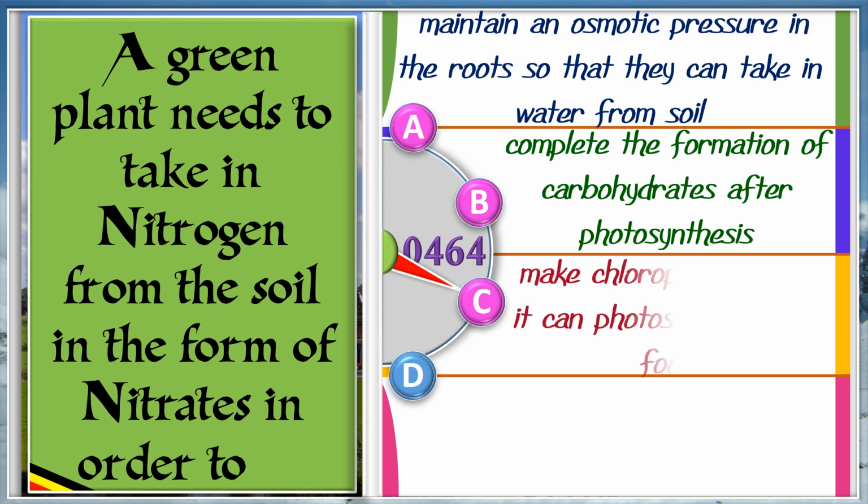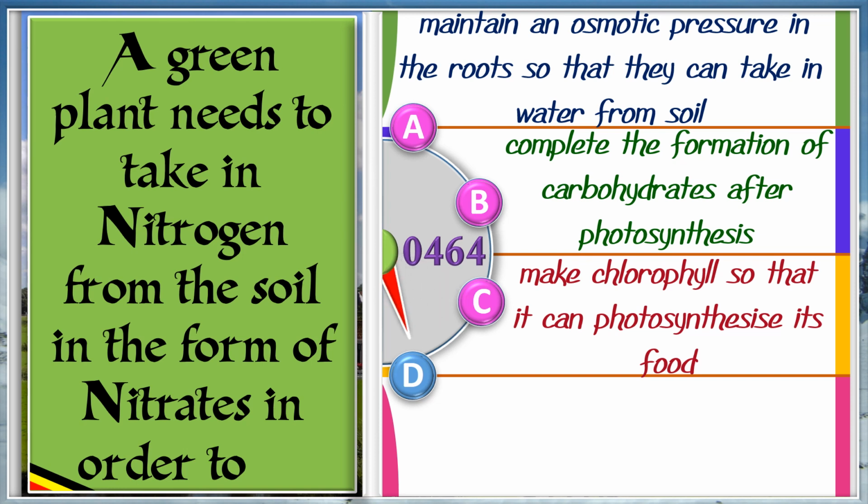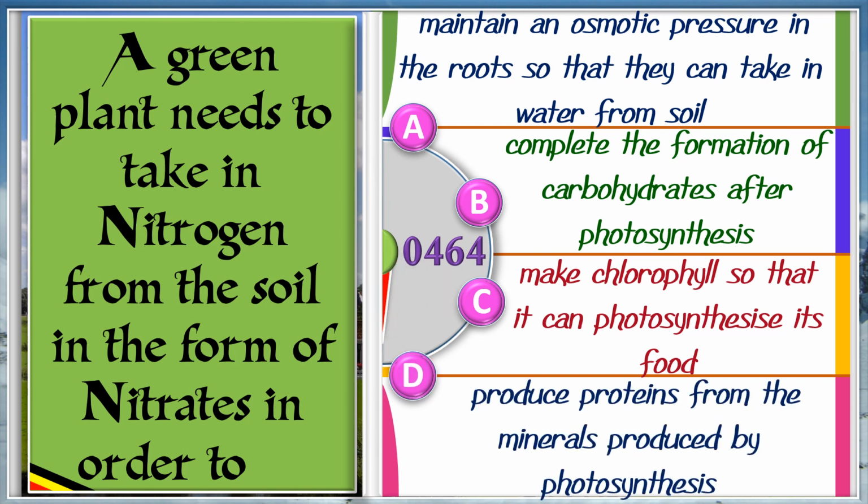C. Make chlorophyll so that it can photosynthesize its food. D. Produce proteins from the minerals produced by photosynthesis. And the answer is D. Produce proteins from the minerals produced by photosynthesis.